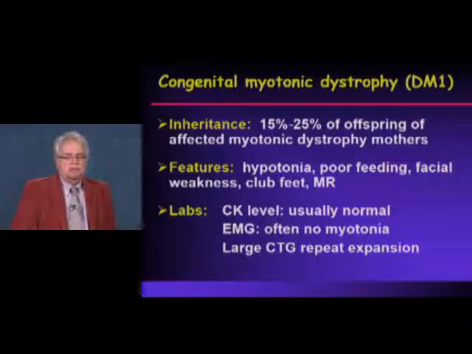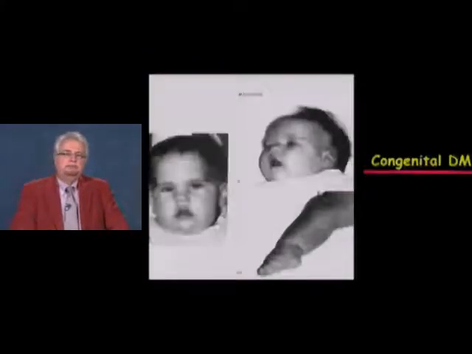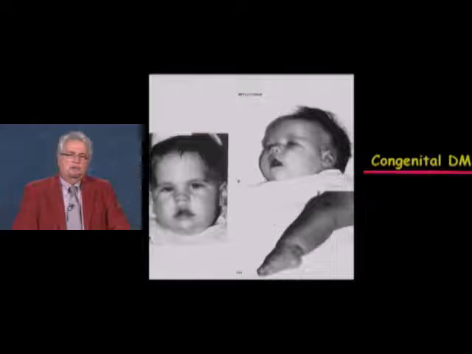If you check the CPK, it's usually normal, and we don't actually find myotonia even by electromyography, but we do find an expansion of a CTG repeat on chromosome 19 by DNA analysis. So this is an infant who has congenital DM1.